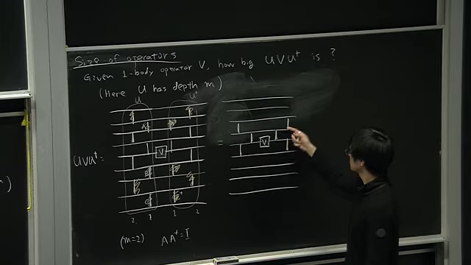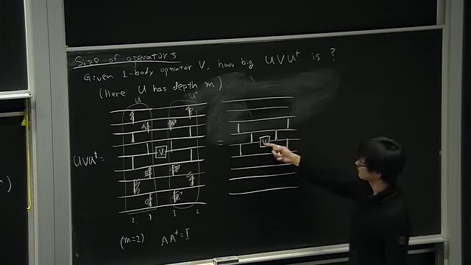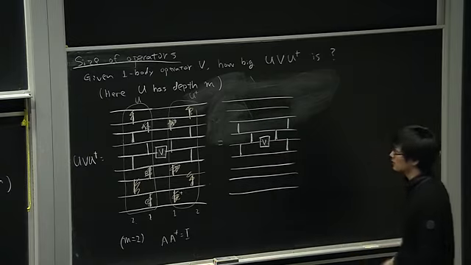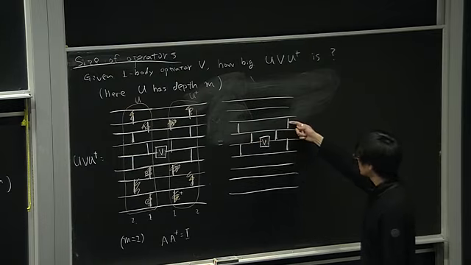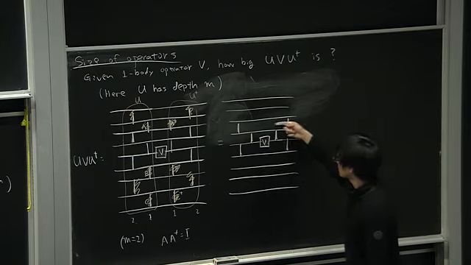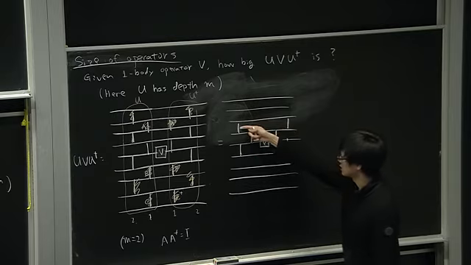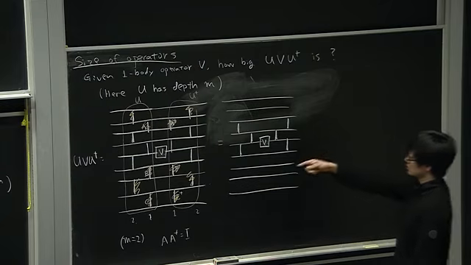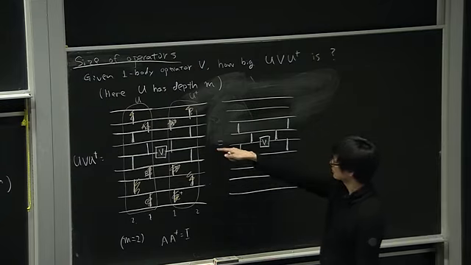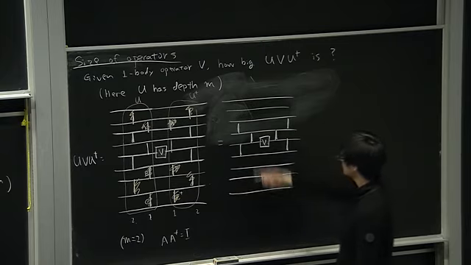I cannot push this operator to this operator because there is this V operator, which is a non-trivial operator, which is not identity, so I cannot push it. Because of this operator, I cannot make it collide with this guy. So from this observation, you notice that this U, V, U dagger, this time-evolved operator, looks like this.